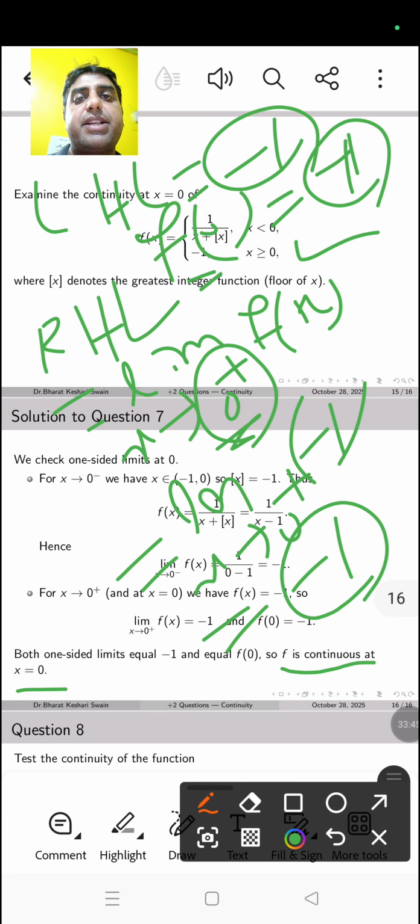Sorry, because we have to find it at x equal to 1 by 2, it is half minus h, sorry.